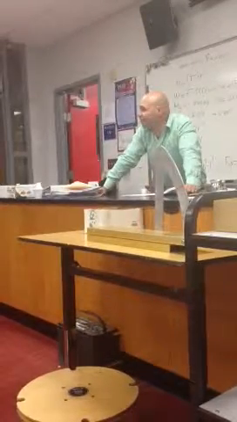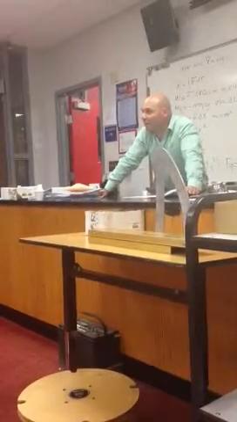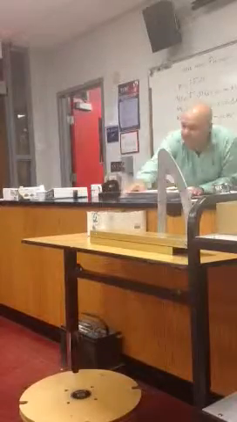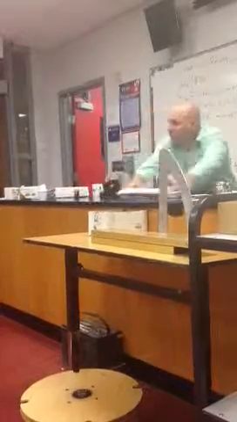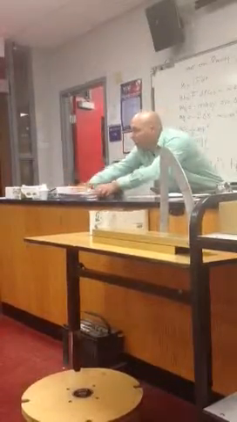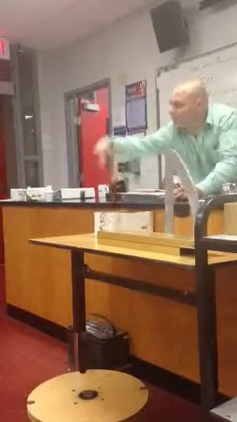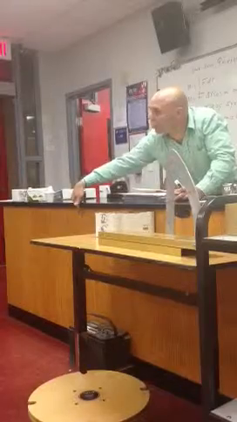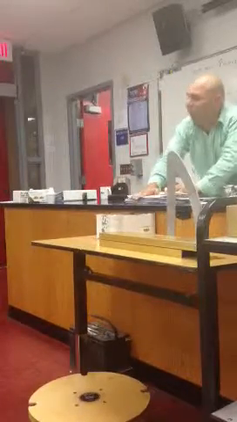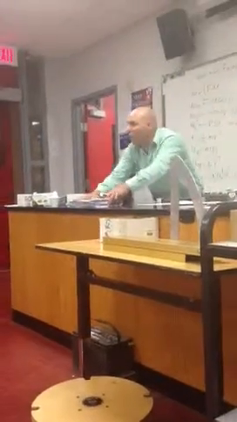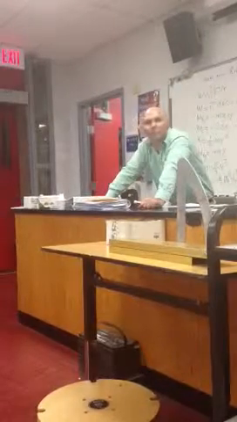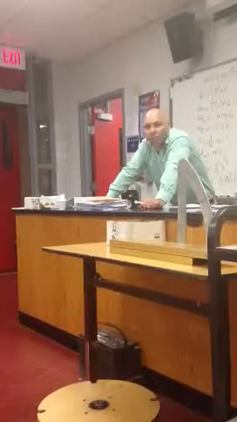If I do mg with respect to the ground, let's say this is 1 meter to the ground, mg times 1 meter and mg times 1 meter, subtract, will be 0. There is no change in potential energy. Good.